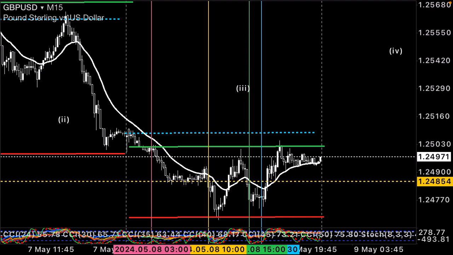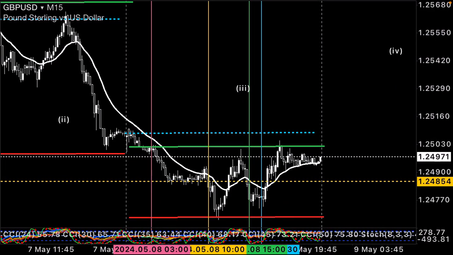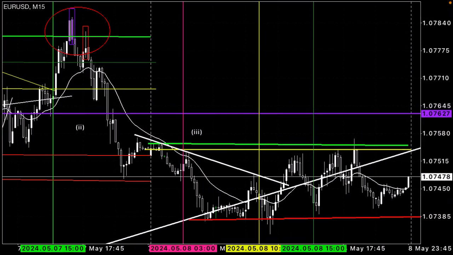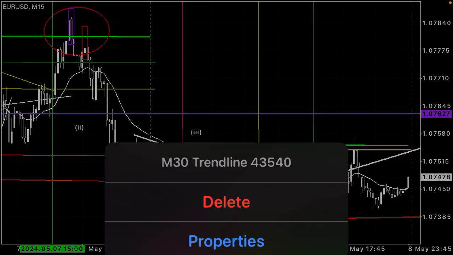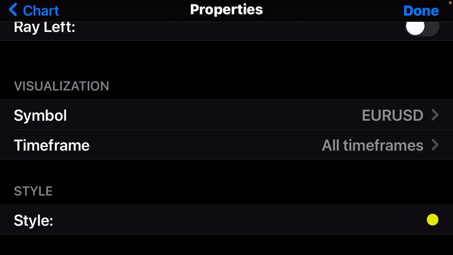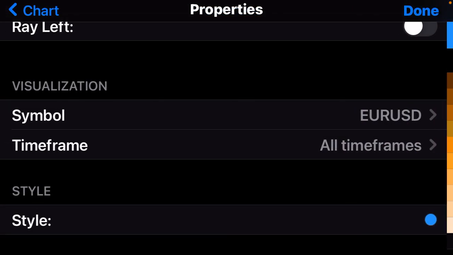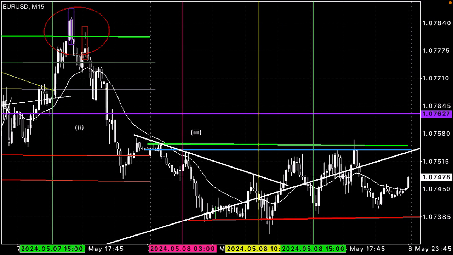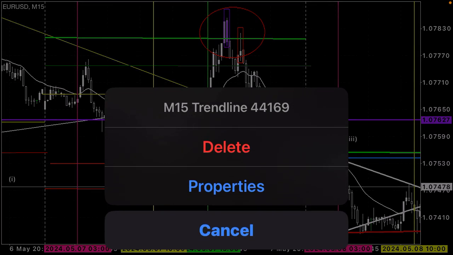MetaTrader 5 allows dotted lines. MetaTrader 4 does not allow dotted lines. So I'm going to change the color on that so that it matches the same color as the MetaTrader 5 ones. So that's price. Price is light blue now.